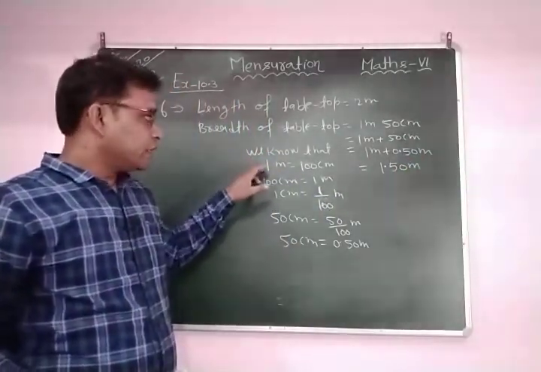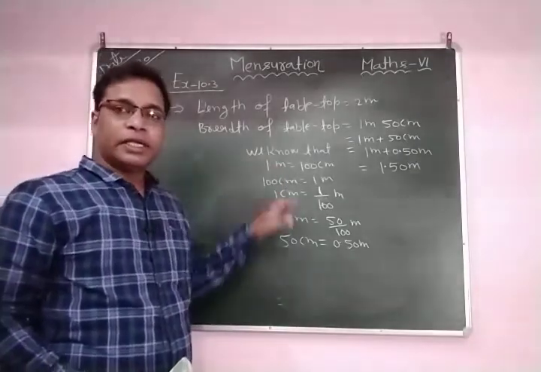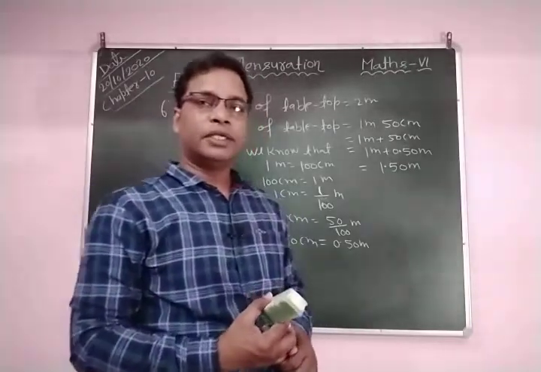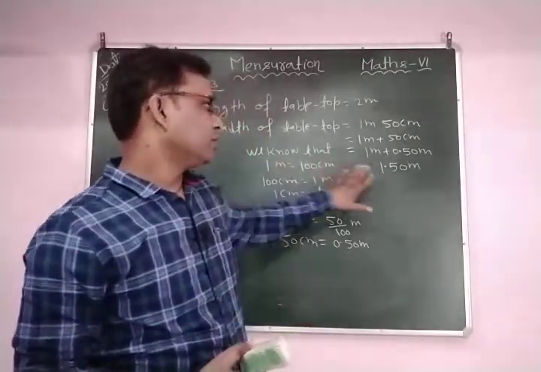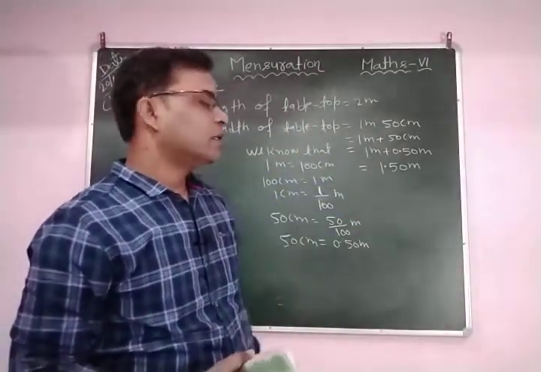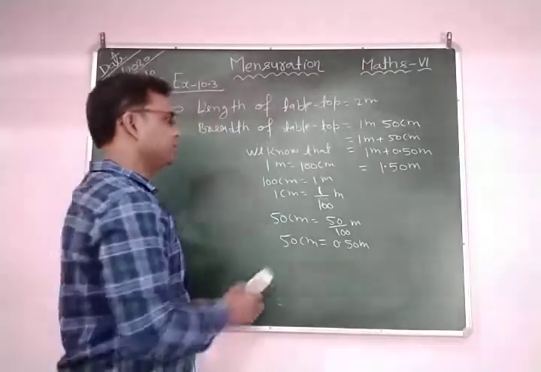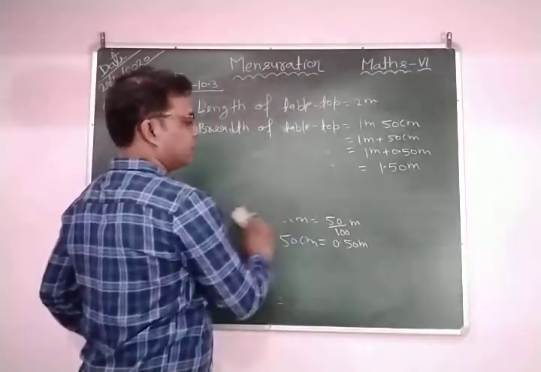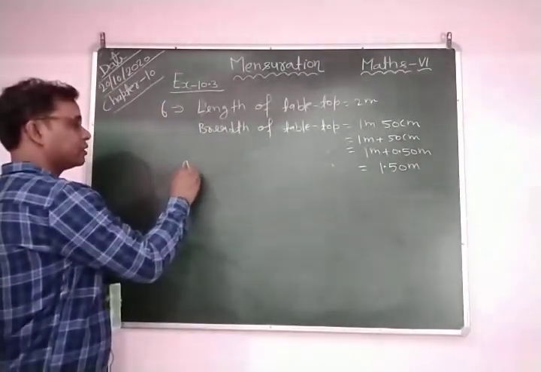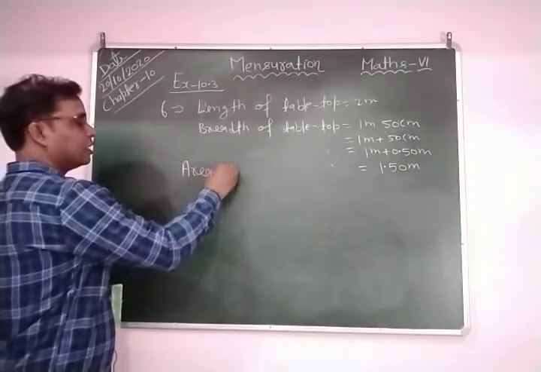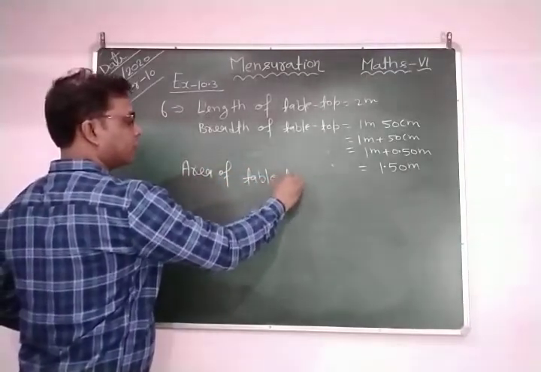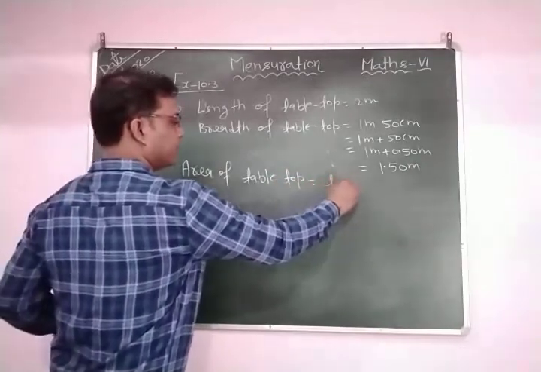So in this way you know very well that the relation between meter and centimeter is 1 meter is equal to 100 centimeter. So you can write here the breadth of the tabletop is 1.50 meters. Now we need to find the area of the tabletop in square meter. Area of tabletop is equal to length into breadth.